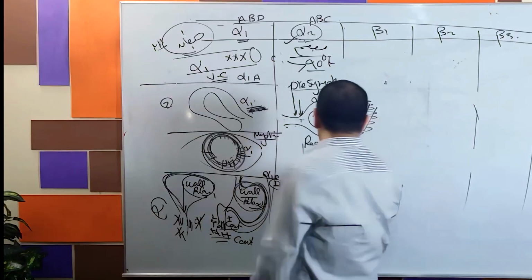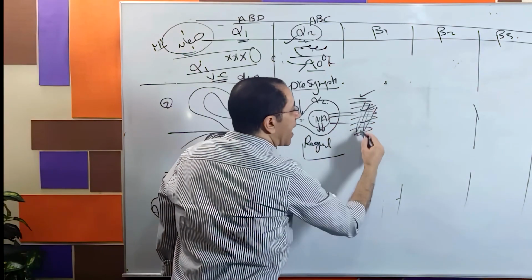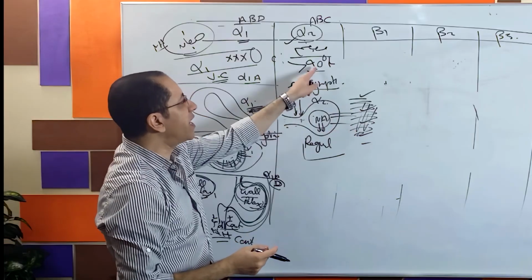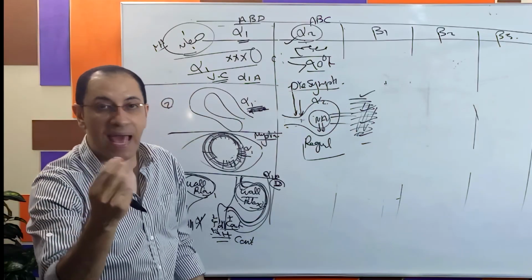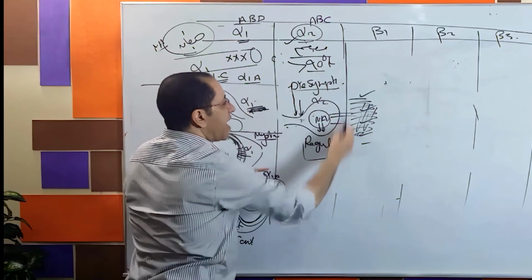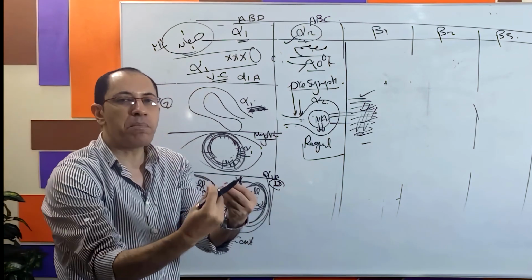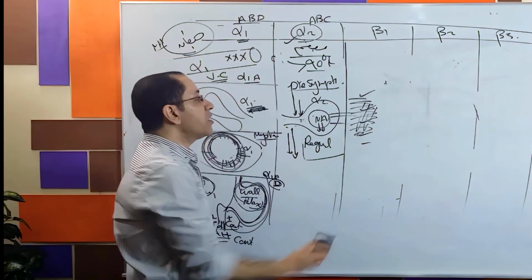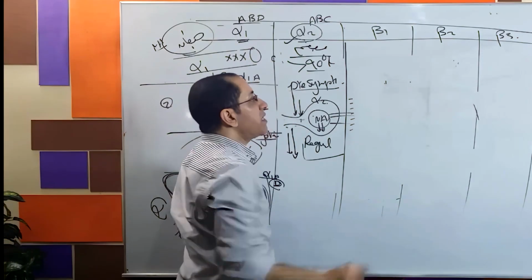We have alpha-2 in many other tissues. It's also present postsynaptic, but it's somehow weak. I told you that more than 90% of them are presynaptic for regulating norepinephrine release, decreasing norepinephrine release. Okay? Now let's shift to beta-1.